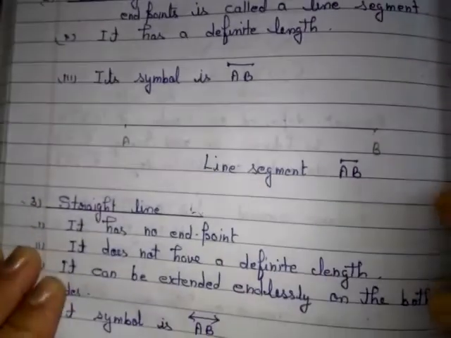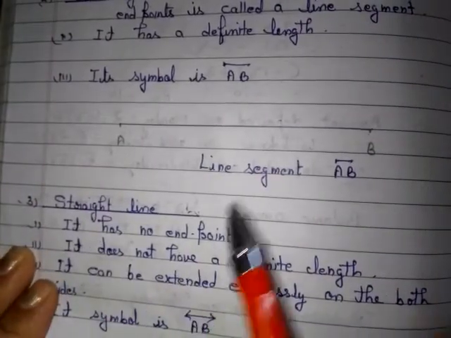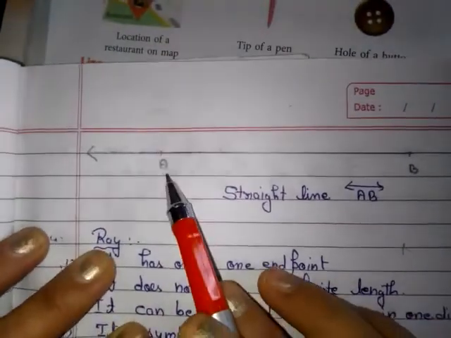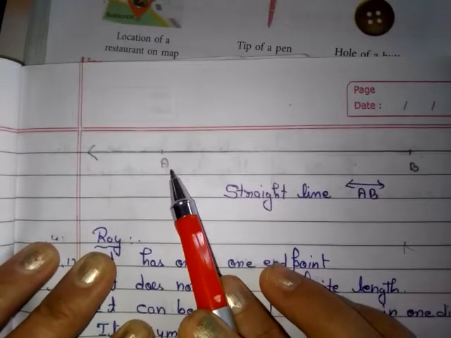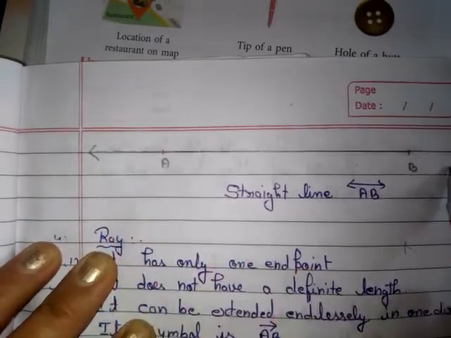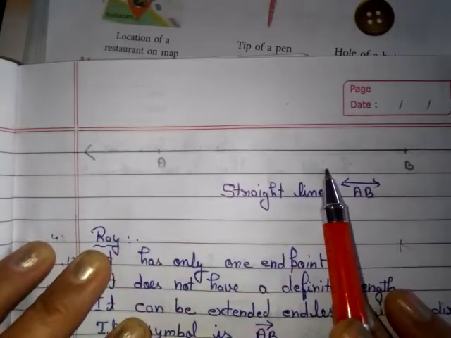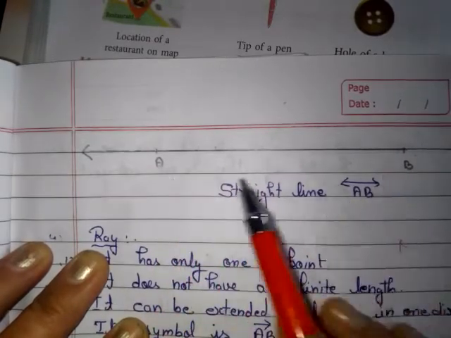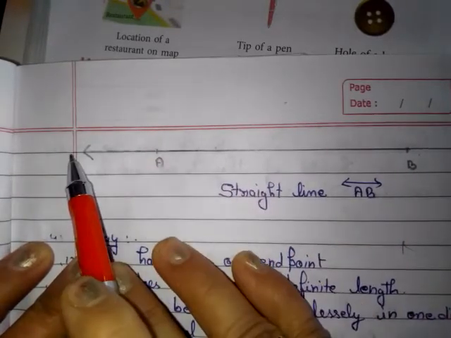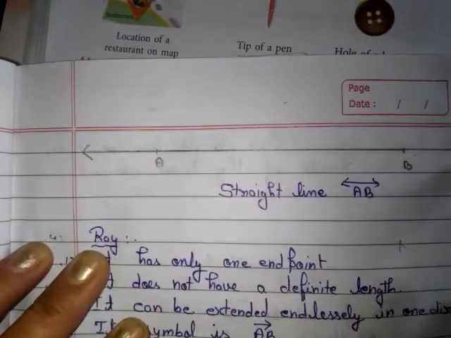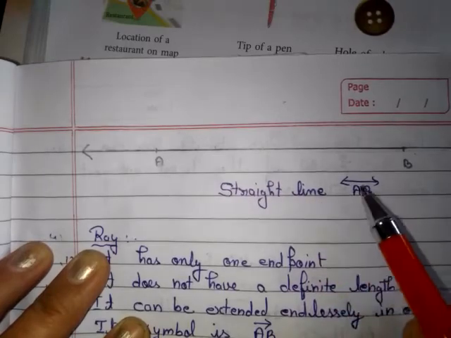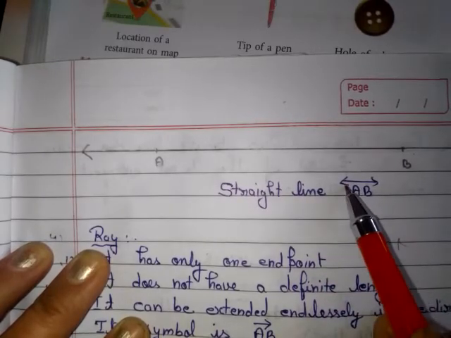Okay children, now come to the next one, straight line. See children, this is a figure of the straight line. A straight line extends on both sides. It does not have a definite length. It extends on both sides, that is A and B. It can extend beyond A and also beyond B. So this is called a straight line, and this is the symbol of a line.